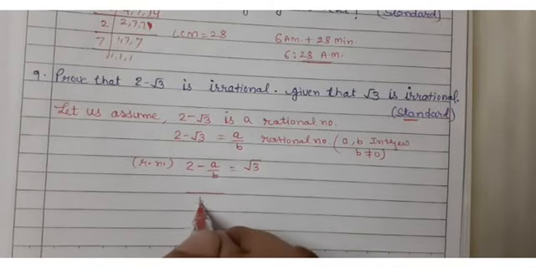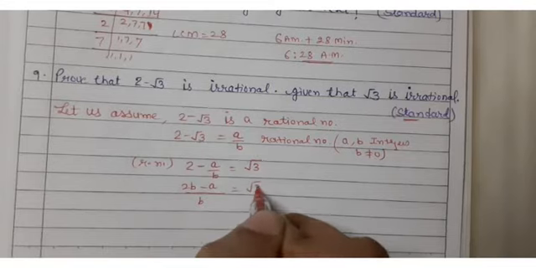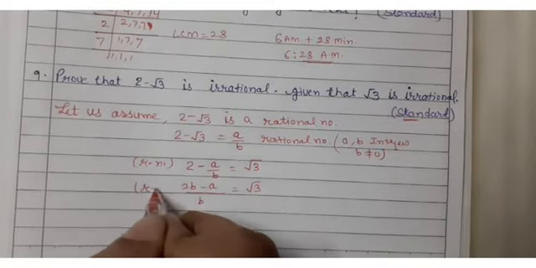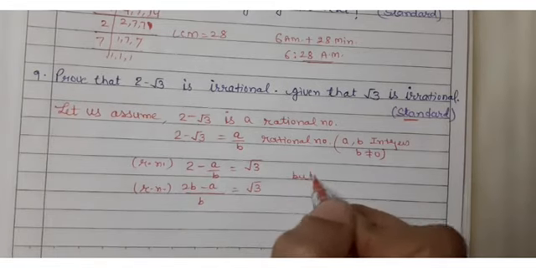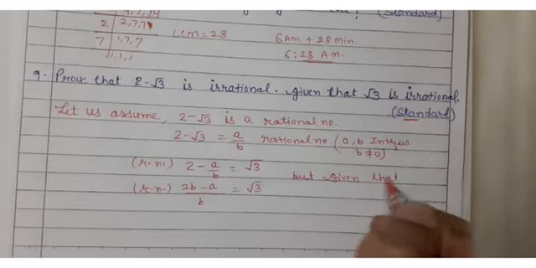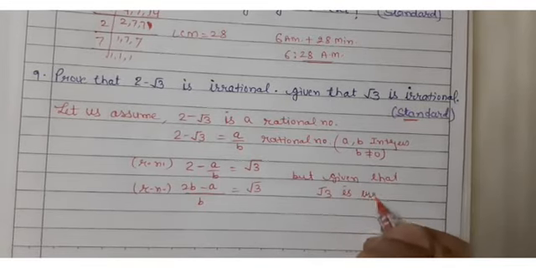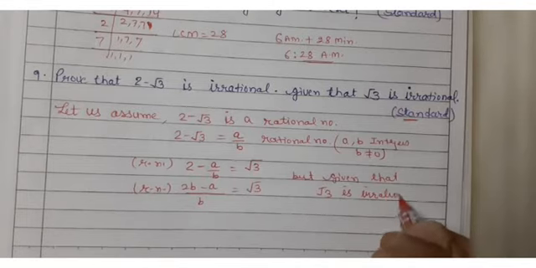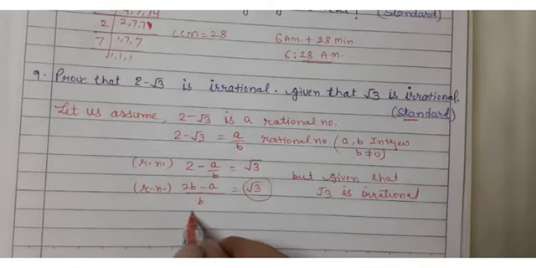If I take the LCM, this will again be a rational number. But what are we given? Given that root 3 is irrational. So this is a rational number, and this is an irrational number.